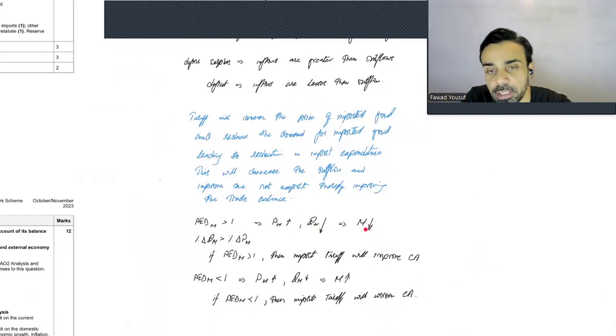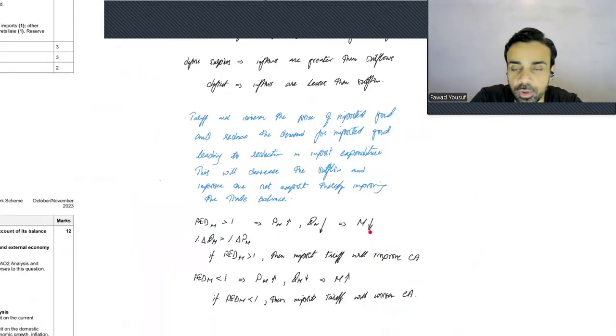On the other end, अगर retaliation भी हो जाती है और reasonable retaliation हो जाती है तो we can expect कि हमारा exports भी गिर जाएगा. So that will sort of have a net effect and it's just going to worsen our current account.